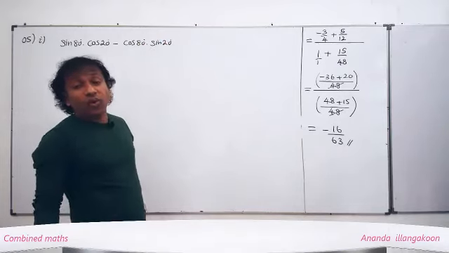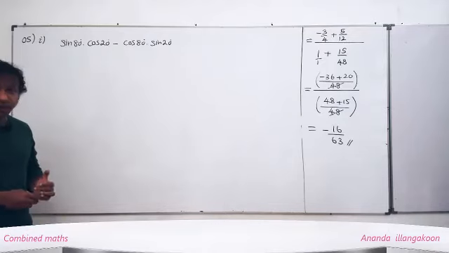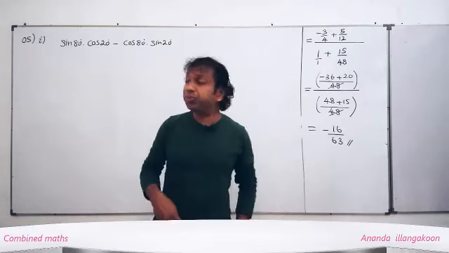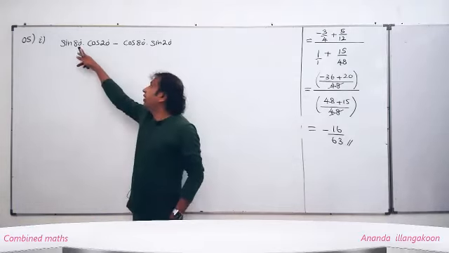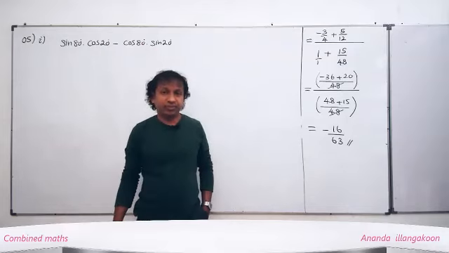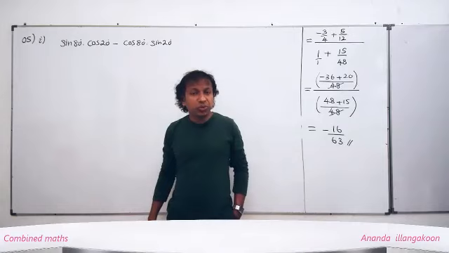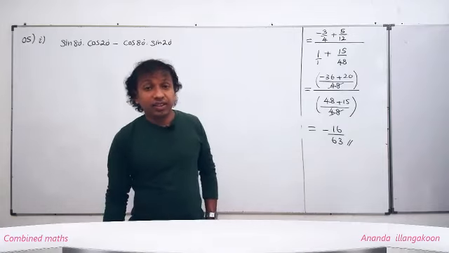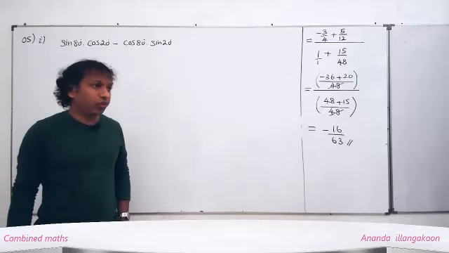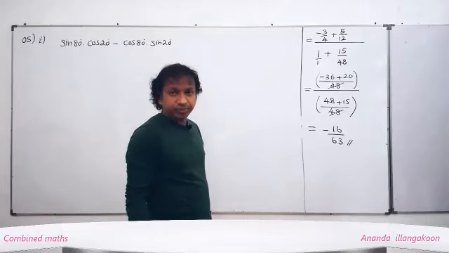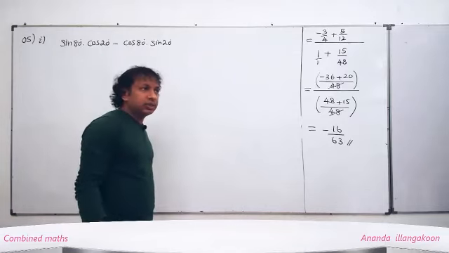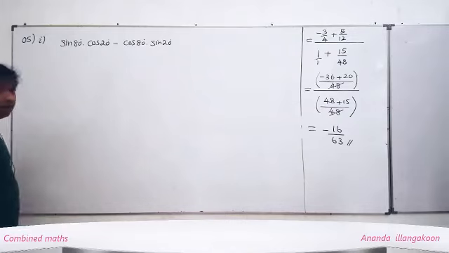People, you know that we found the values of sine, cos, tan for some angles only. Among those, we don't have the sine 80, cos 20, cos 80 or sine 20 values available. And in this case, to get this answer, you are not allowed to use trigonometric tables. Without using trigonometric tables, you have to get this answer. Understand? All right. So now, this is how we get that answer.